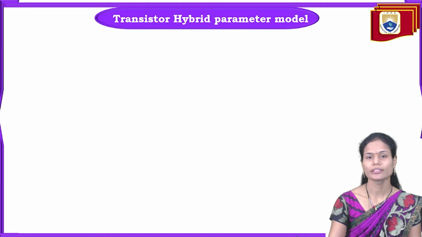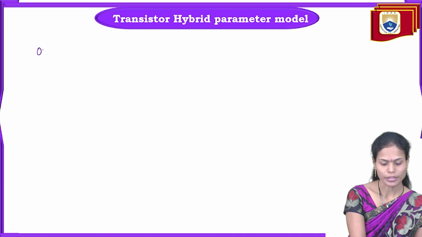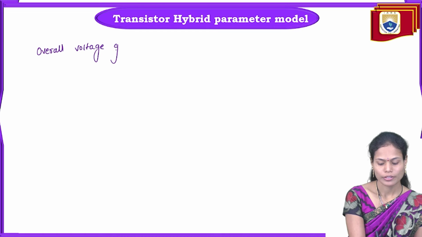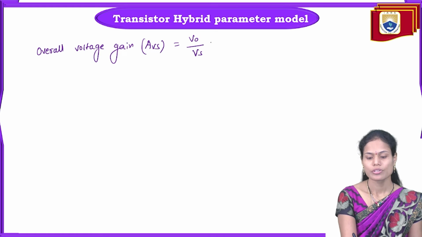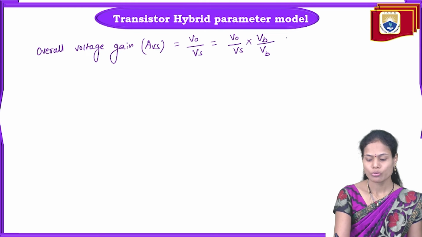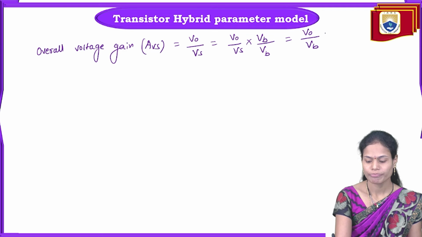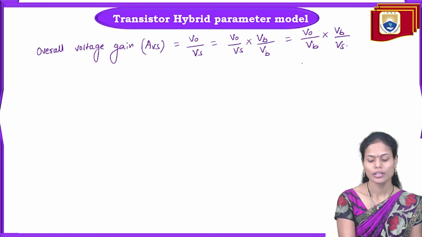And if you want to find the overall voltage gain, AVS is equal to V0 by Vs. We can multiply and divide with the base voltage VB, so we can write it as V0 by VB into VB by Vs. Here V0 by VB is nothing but the output voltage by input voltage, that is the voltage gain.